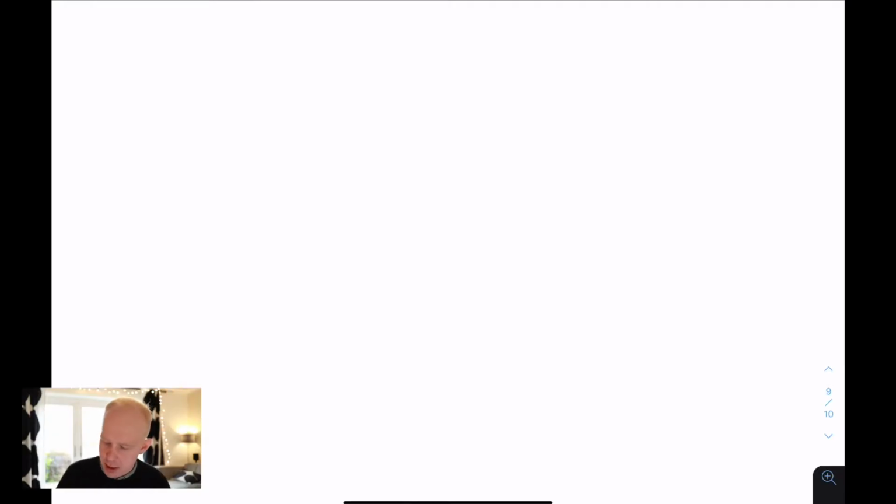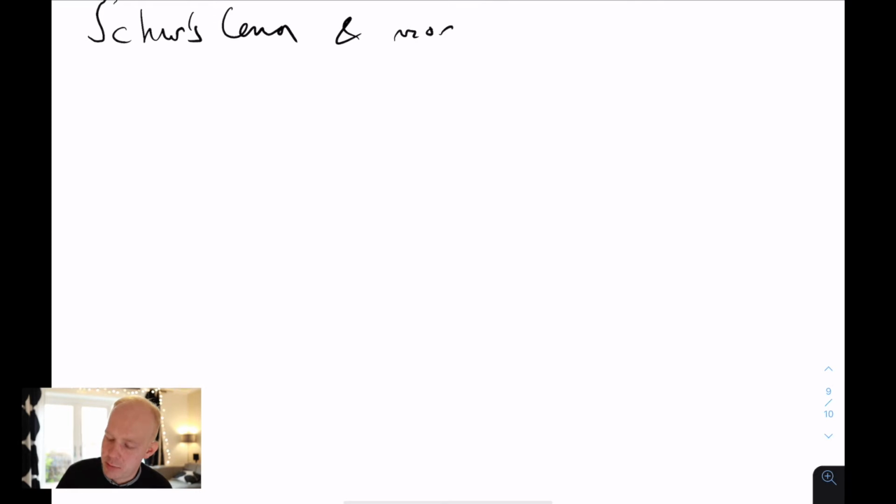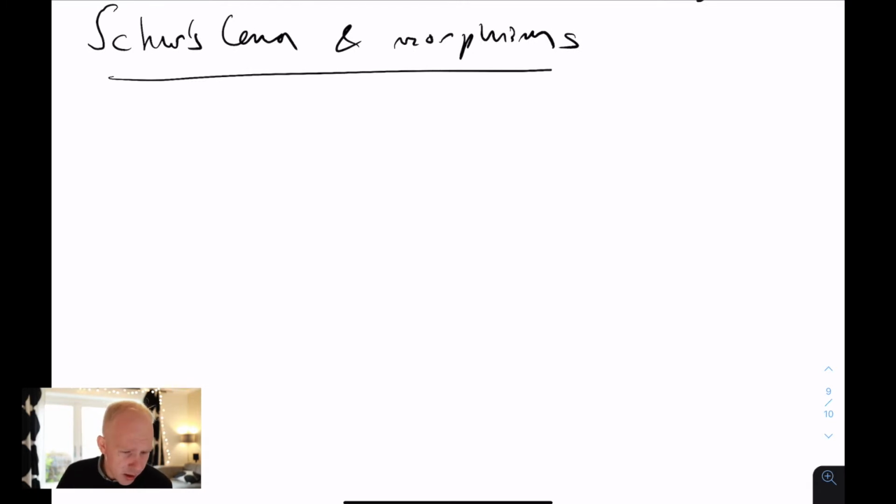So before I state the lemma, this is going into the notion of Schur's lemma, and let's call it morphisms. So I need to define the notion of a morphism.